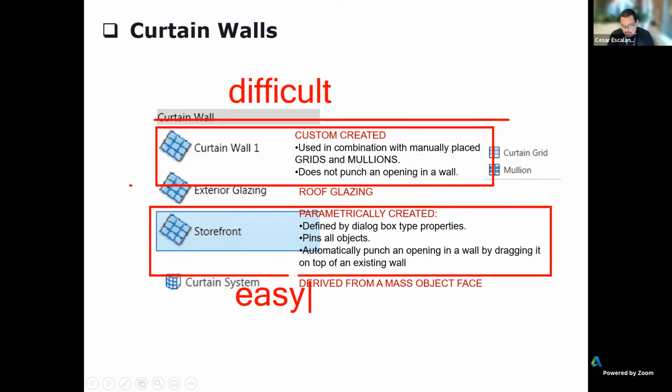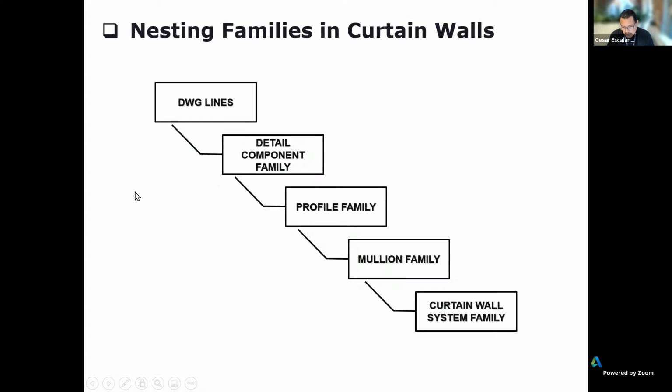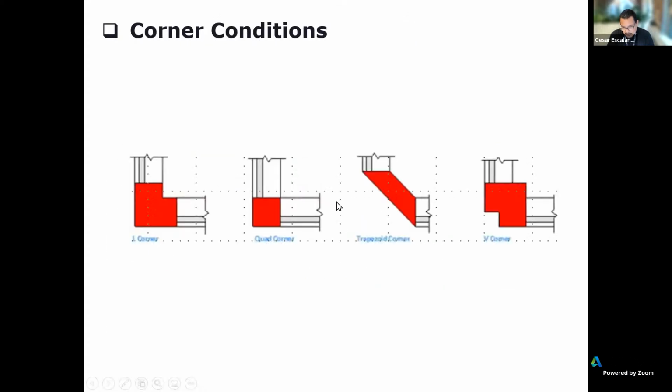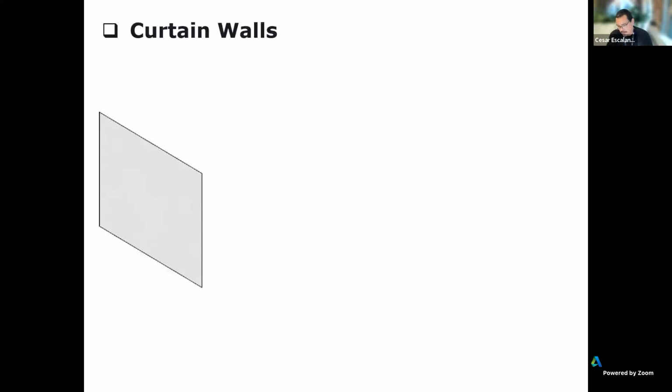So let me show you how the complex method works. For the custom curtain wall, you start by creating a wall using the Curtain Wall 1 type, which is going to create a gigantic piece of glass.